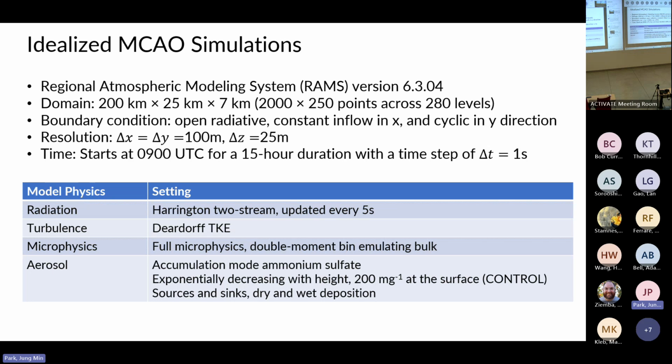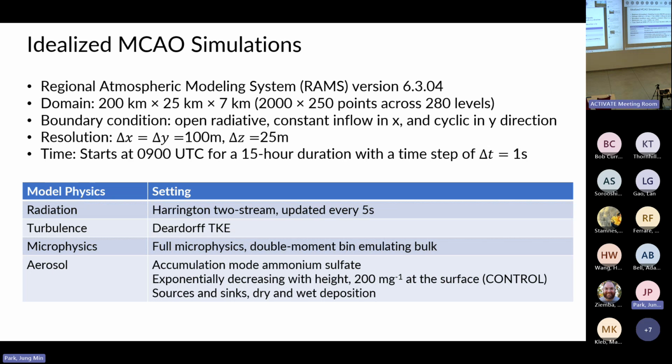The model we use for our idealized simulations is the open source Regional Atmospheric Modeling System, RAMS, version 6.304. The domain is a single grid, non-rotating, with 2,000 points in the x-axis and 1,250 points in the y-axis, with a horizontal grid spacing of 100 meters to resolve large eddies. The vertical grid spacing is 25 meters, and we have 280 levels.